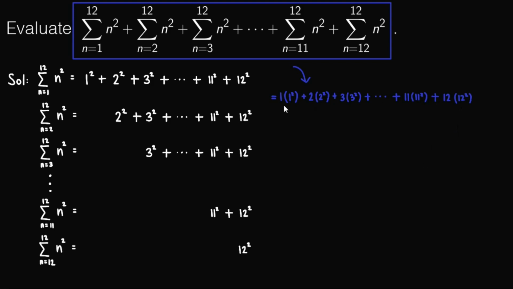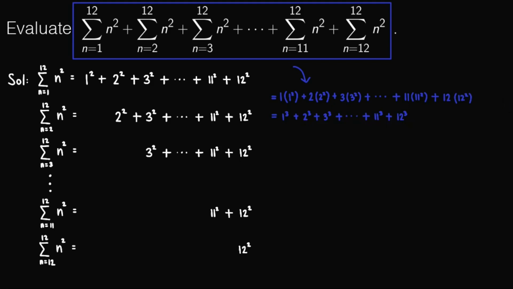Now multiplying these, we'll obtain 1 cube plus 2 cube plus 3 cube and so on, plus 11 cube plus 12 cube. Now what can we observe? This out here is a sum of consecutive cubes from 1 to 12.